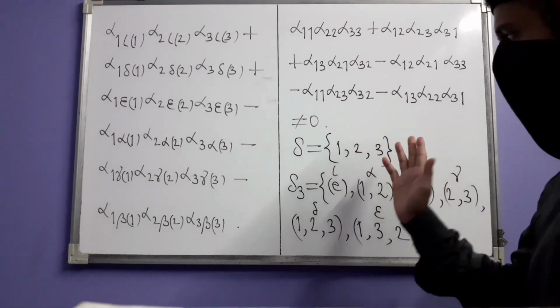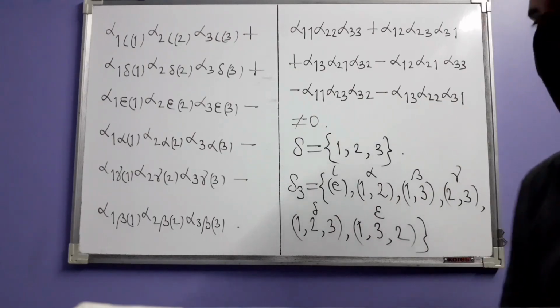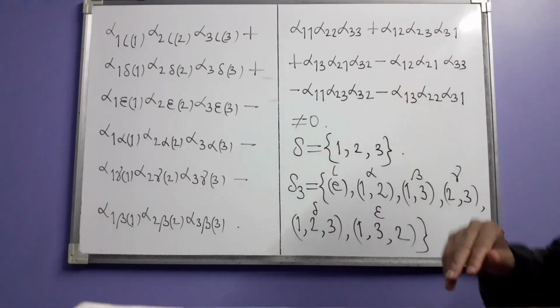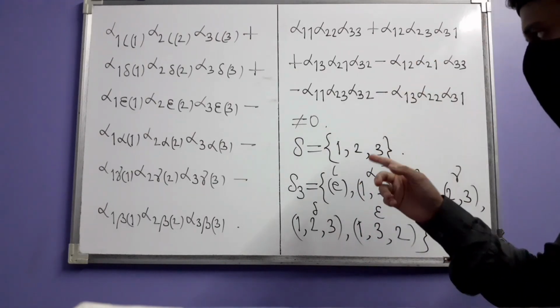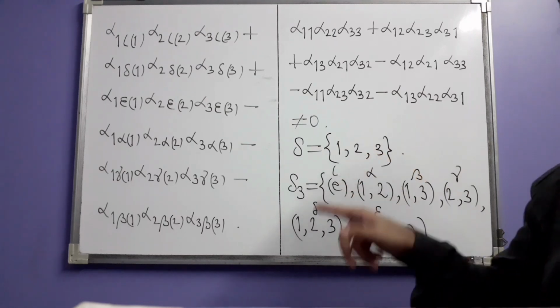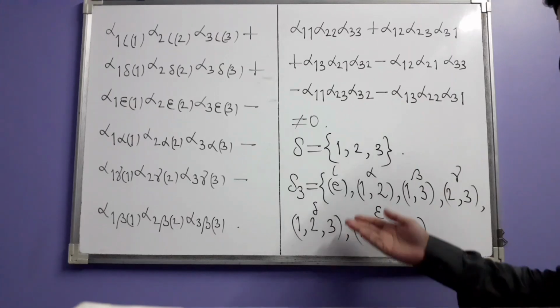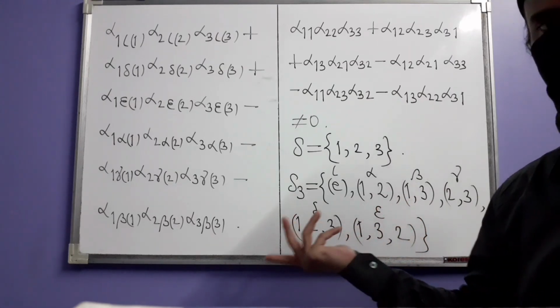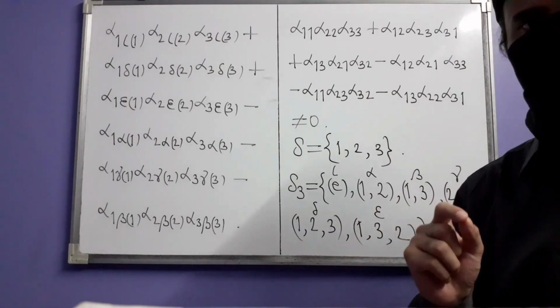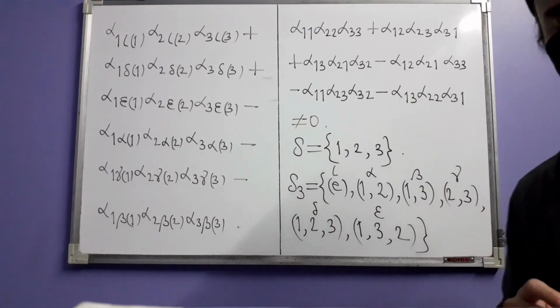we need to consider this set, because we have 1, 2 and 3, and we are considering the group of permutations on this set, that is the symmetric group of degree 3, whose elements you already know. This is your familiar S3, your first example of a non-abelian finite group.